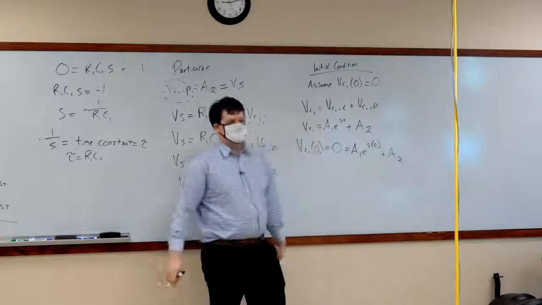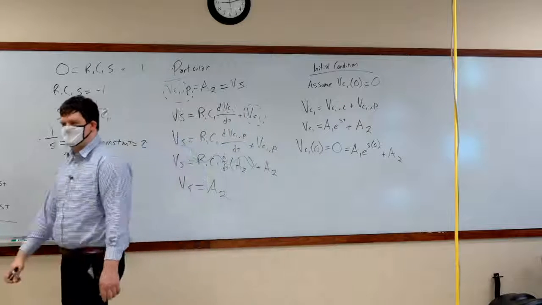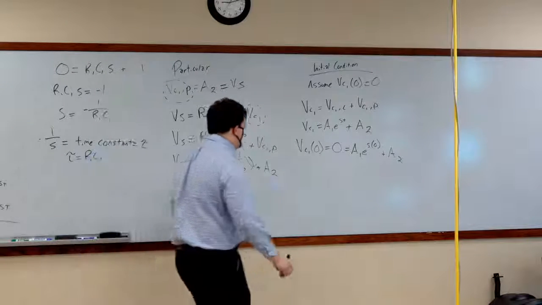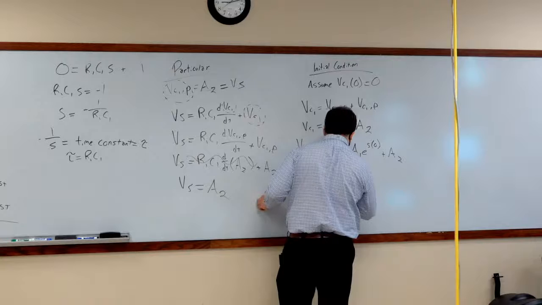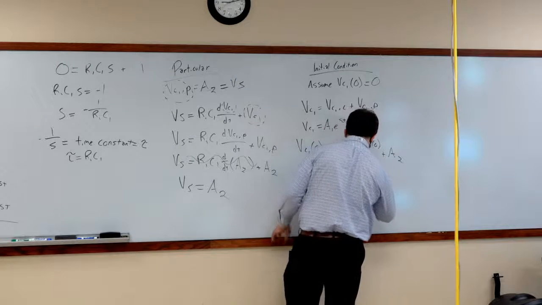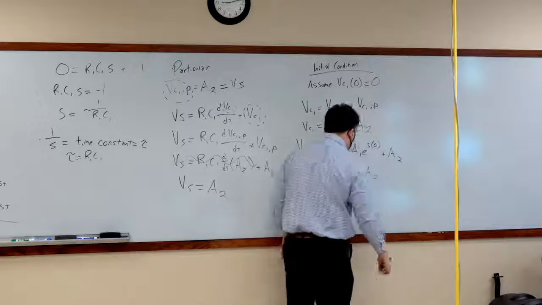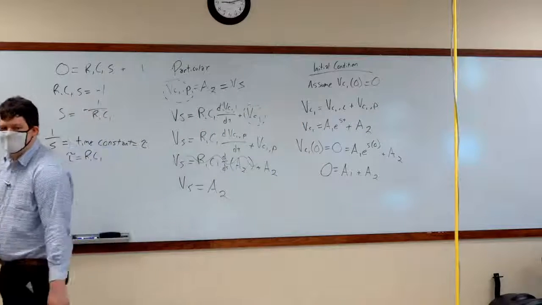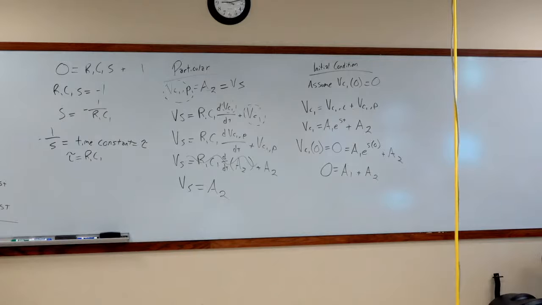What is e to the 0? It's 1. Which means this equation becomes 0 is equal to A1 plus A2. What is A1?